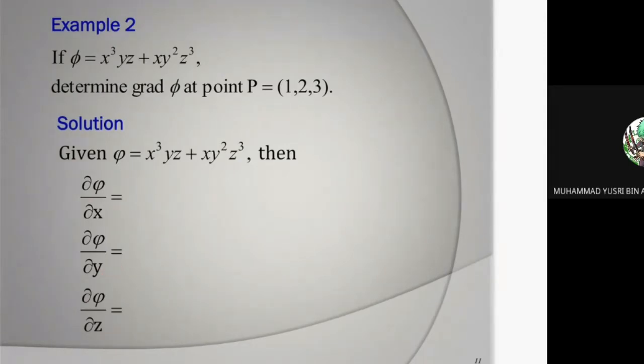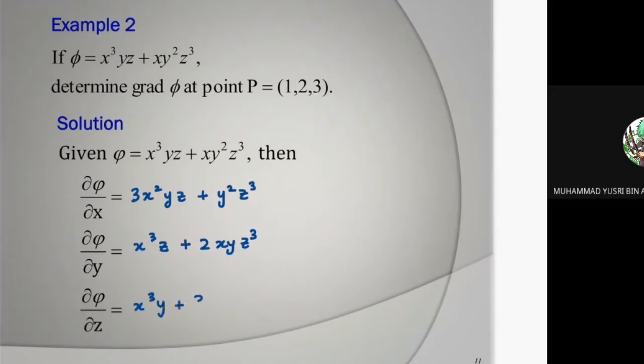So del phi del x, you get 3x squared y z plus y squared z cubed. And then del phi del y, x to the power of 3 z plus 2 x y z to the power of 3. And the last one, del phi del z, you will get x to the power of 3 y plus 3 x y squared z squared.